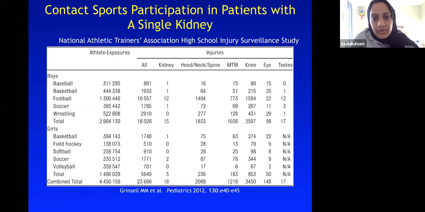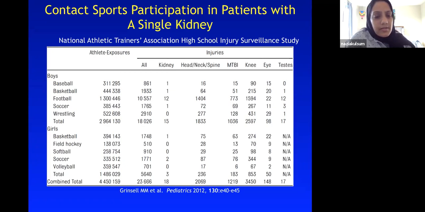Sorry, I don't have my pointer here, but it's the second and the third column that I'm referring to. And football, which is your American football, I think the other name is rugby, is a very highly competitive sport. There's a lot of contact, kind of a rough sport, and that is the only sport that's associated with slightly higher risk for kidney injury.